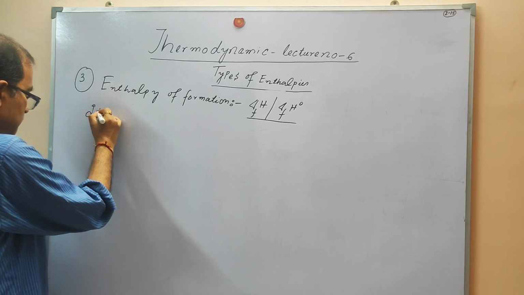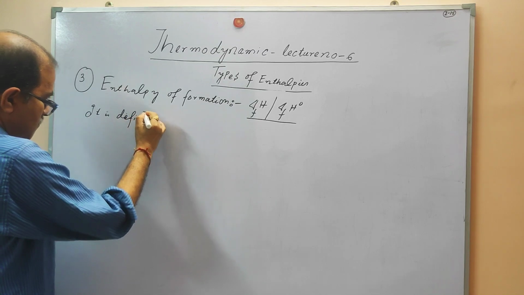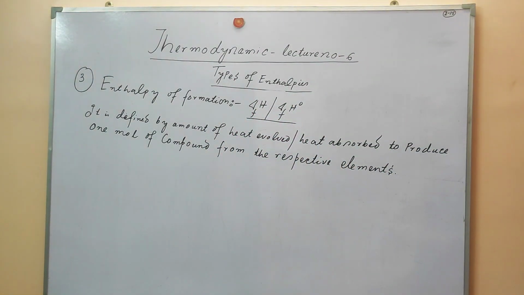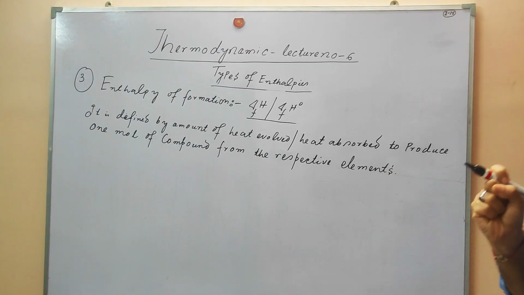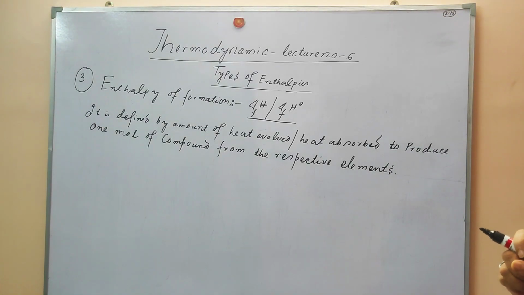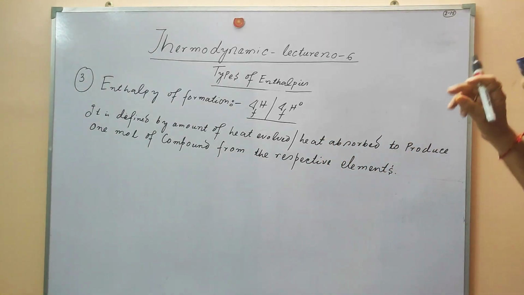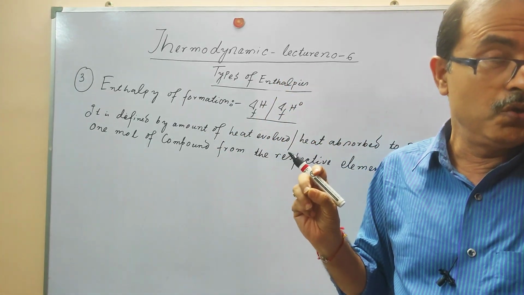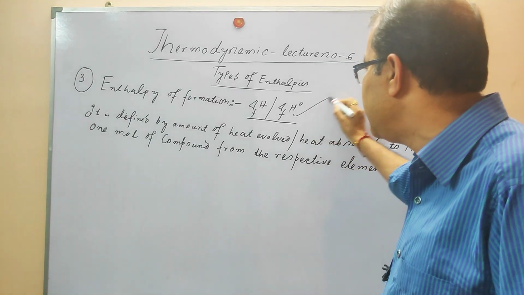It is defined as the amount of heat evolved or heat absorbed to produce 1 mole of the compound from its respective elements. This is called the enthalpy of formation, and when the compound as well as the elements are in the standard state, we call this the standard enthalpy of formation, and that is represented by this.